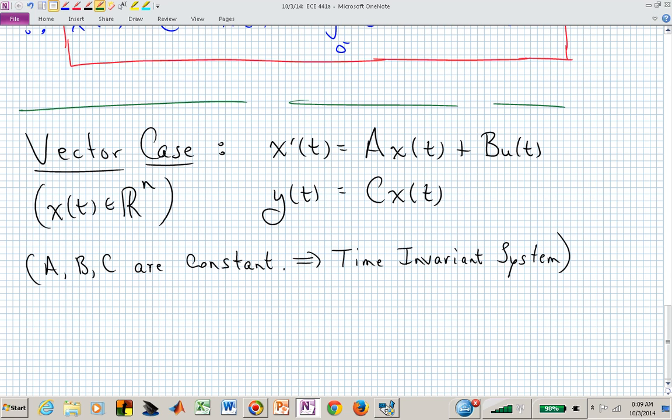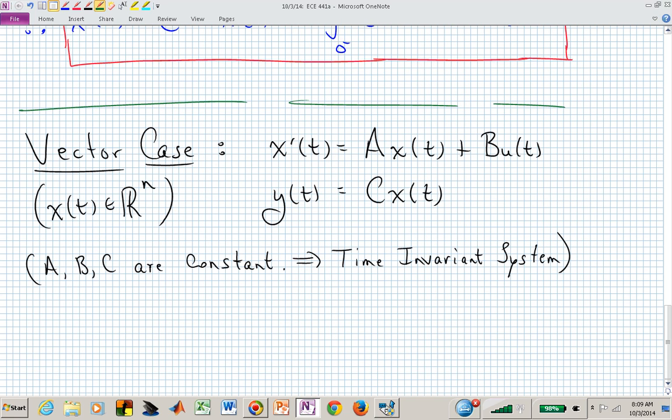short, long vector. It's a matrix. If it's a single output, it's 1 by n. And you can visually see the dimensions of these A, B, and C matrices, hopefully, in this vector case representation. Again, we're assuming a time invariant system, which means that the matrices are constant.